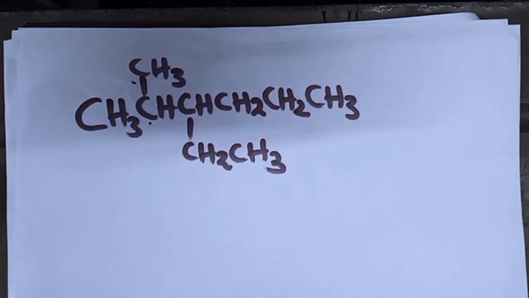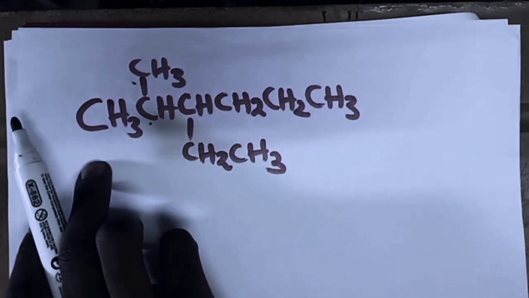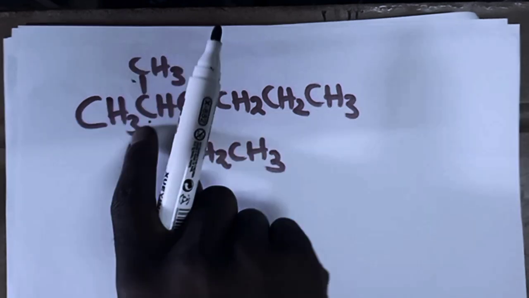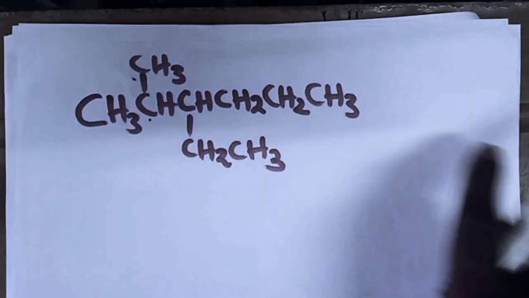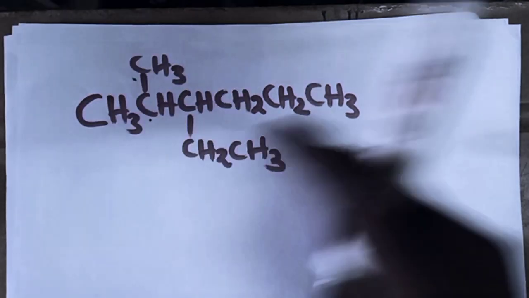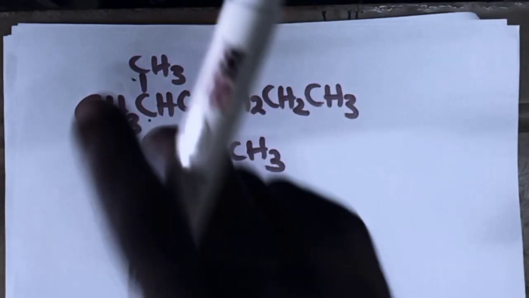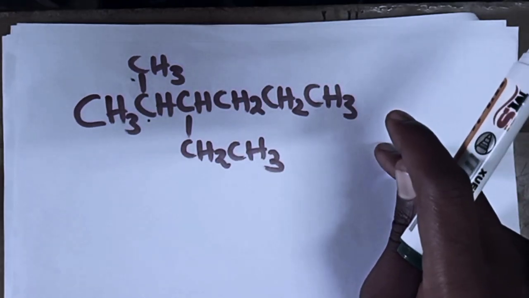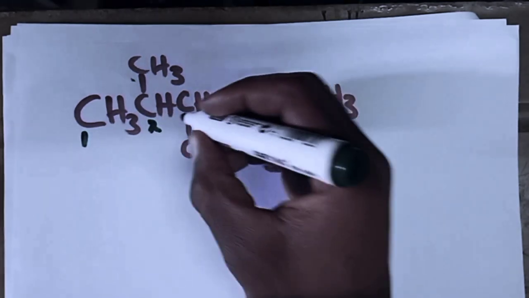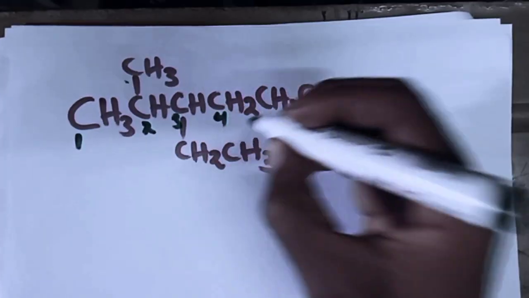So which one do you give preference? We give preference to the side which finds the first side chain earlier than the other. So we're going to start from this side going that way, because the first side chain is on number 2, but the first side chain is on number 4 when you start from the other side. So we number 1, 2, 3, 4, 5, 6.